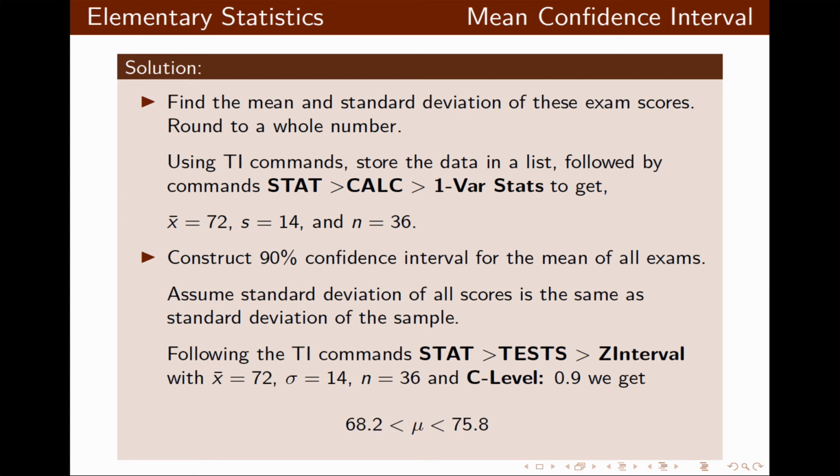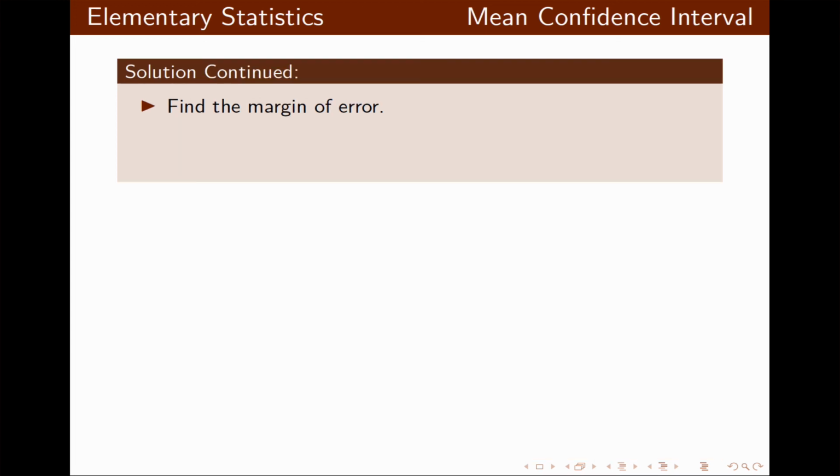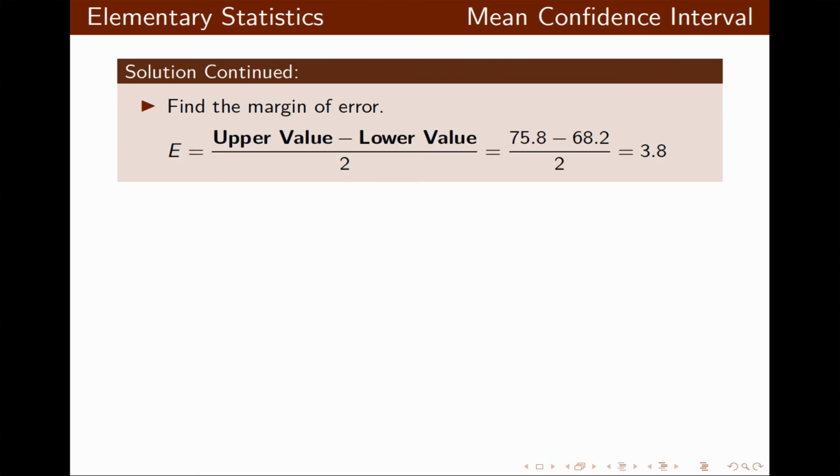Rounding to one decimal, we get mu to be between 68.2 and 75.8. For the margin of error, we go upper value minus the lower value divided by 2. So in this example, the margin of error was 3.8.